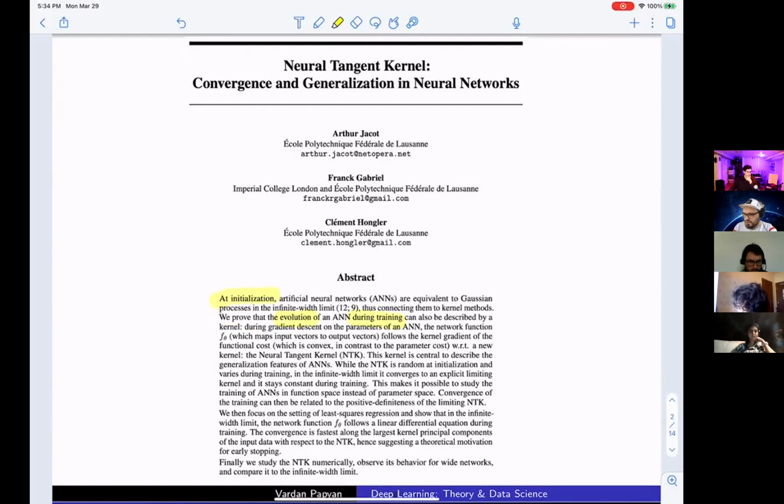The network function f theta, which maps input vectors to output vectors or logits, follows the kernel gradient of the functional cost, which is convex in contrast to the parameters cost, with respect to a new kernel, the neural tangent kernel. I will not read the rest. So basically what they're talking about here is the evolution of the network during training in the setting of infinite width networks. Okay.